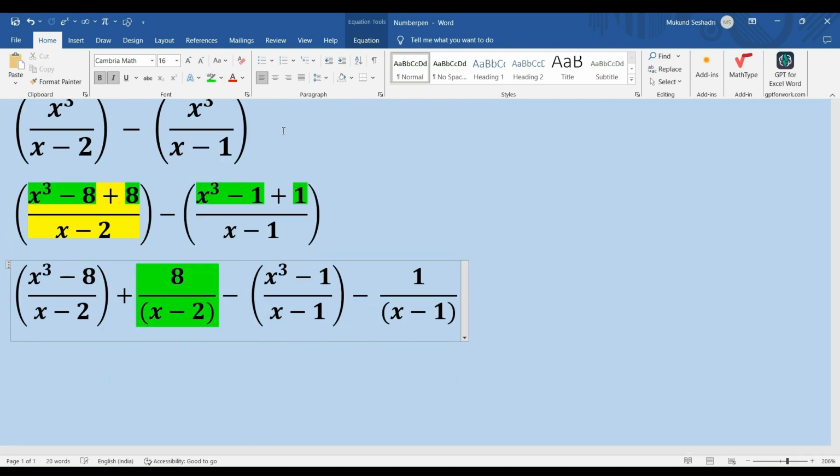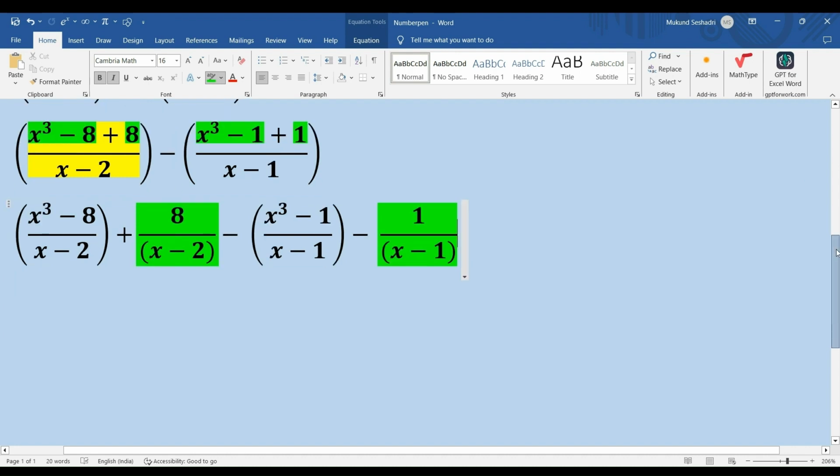So now I'm going to look at each of these expressions, right? The reason I'm highlighting 8 by x minus 2 and 1 by x minus 1 in green is because I know the antiderivative of these expressions, because we have done them in the past. I know that I have reduced a part of this particular expression to a format whose antiderivative I know from first principles.